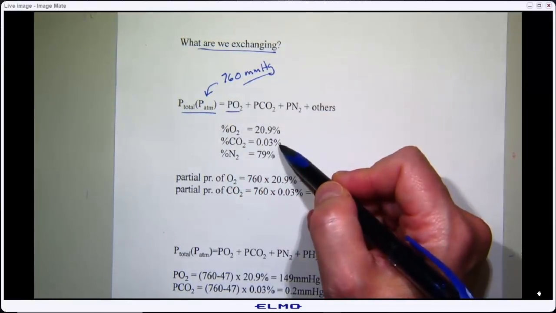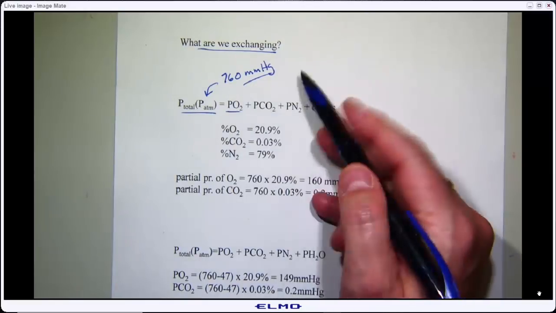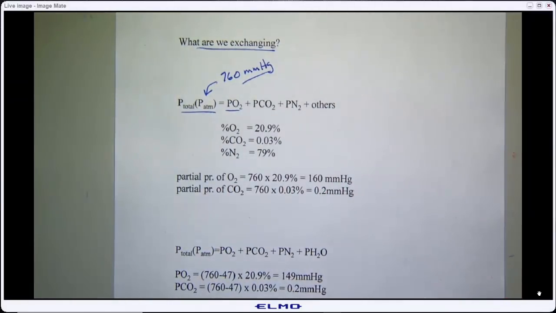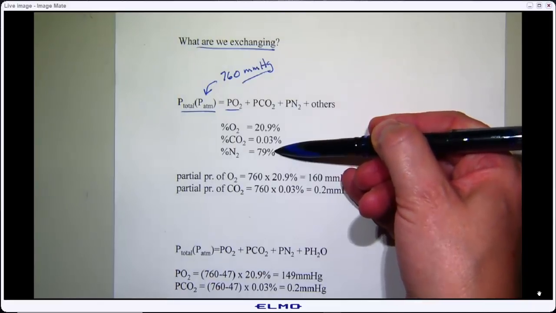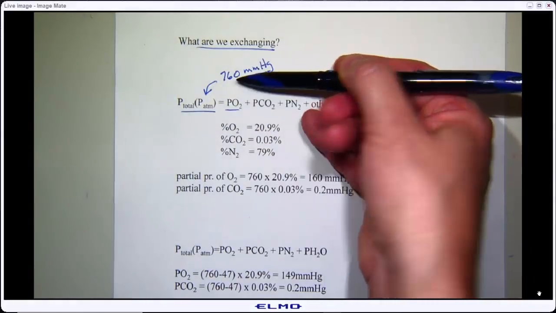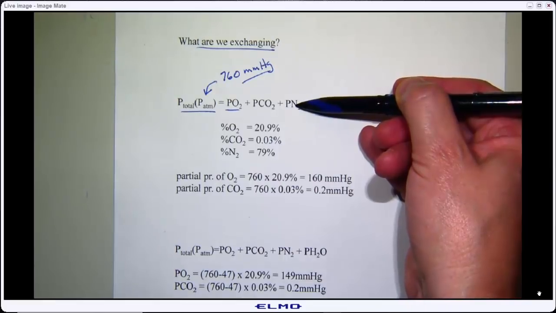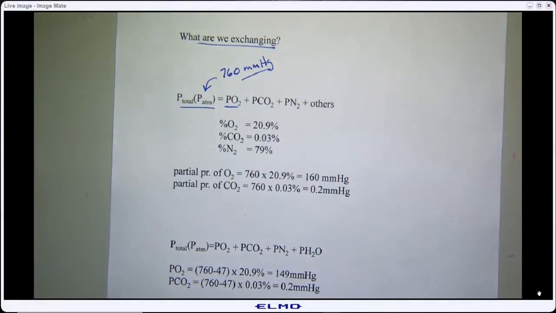Pretty much 0% of that 760 is CO2, and almost 80% of that 760 is nitrogen. The body doesn't care too much about nitrogen either. I just put it up there because it's the biggest number, but the body really doesn't deal with it. It doesn't regulate it, doesn't care about it.